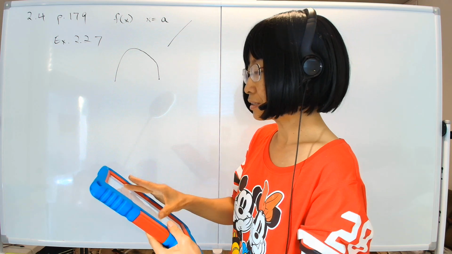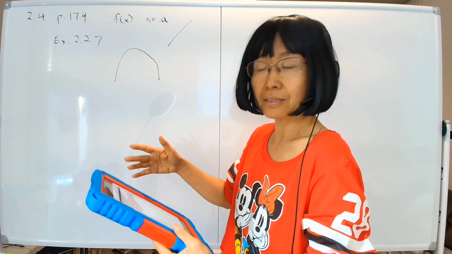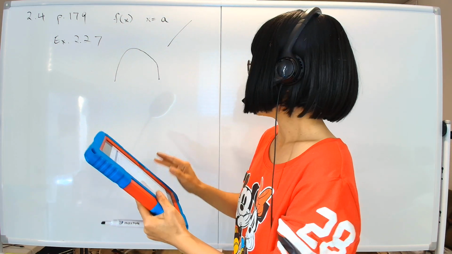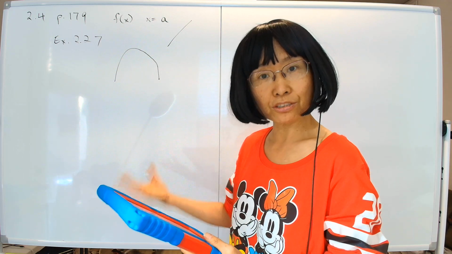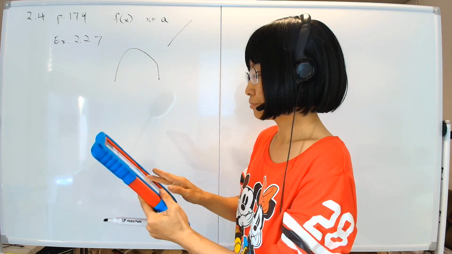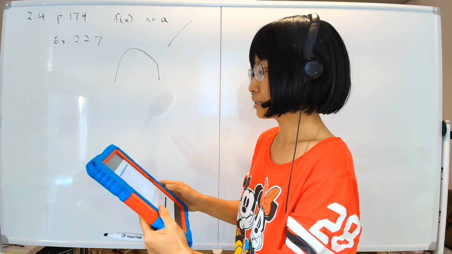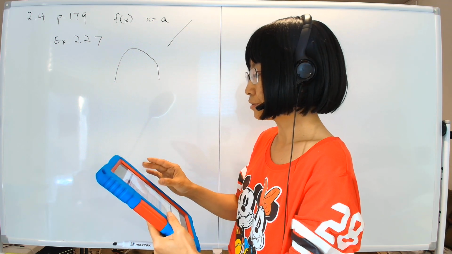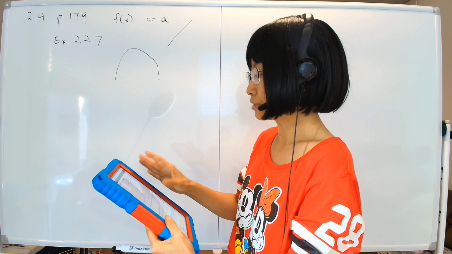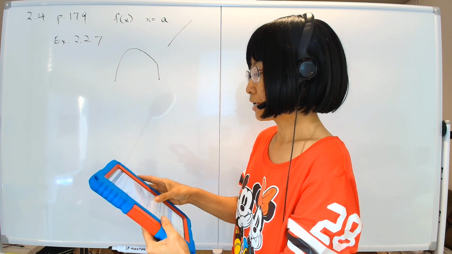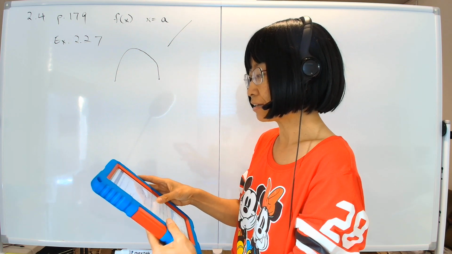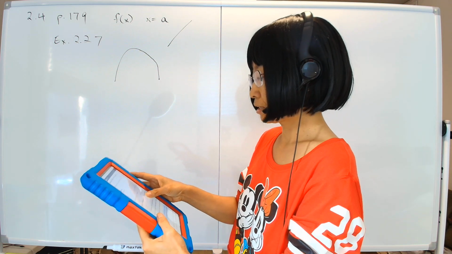So the second condition is that the limit has to exist. Then there's a third condition: the limit has to exist, and it has to equal the value of the function itself.